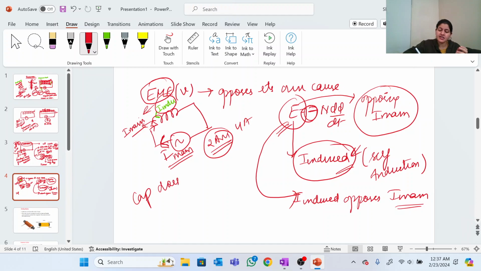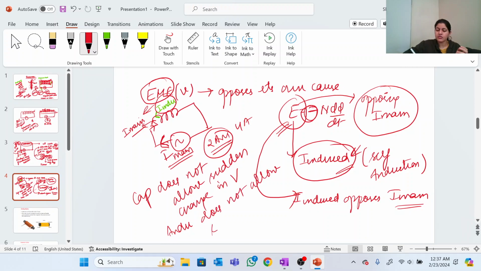So a capacitor does not allow sudden change in voltage. Similarly, an inductor does not allow sudden change in current.